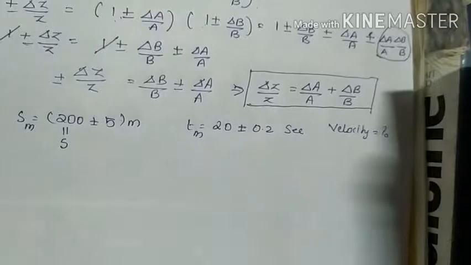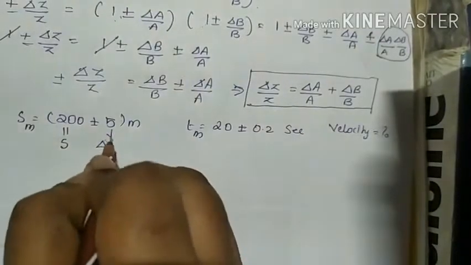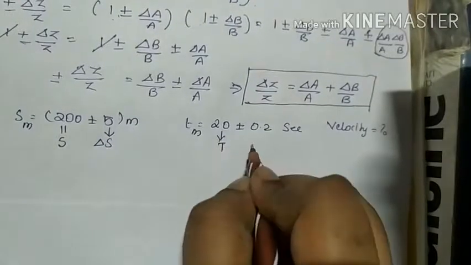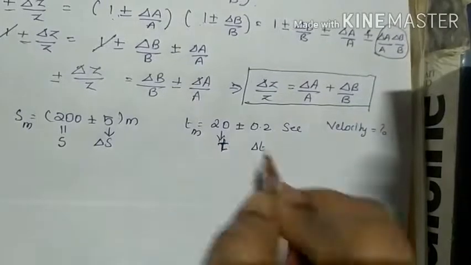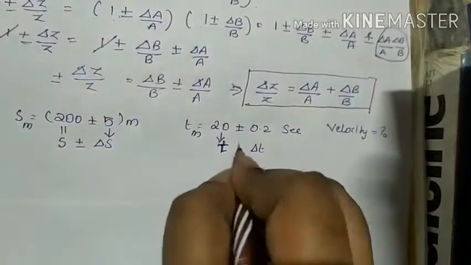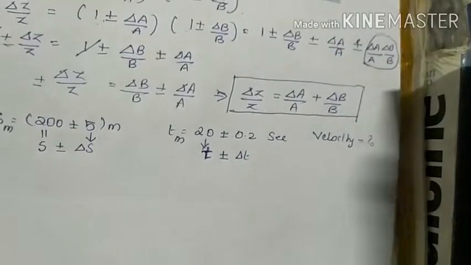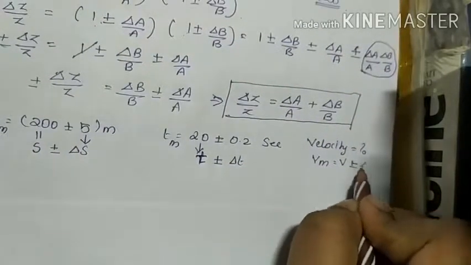I'm replacing so that we can understand it. This is your delta S, this is your T and this is your delta T. Let's make it a small t. So this is S plus or minus delta S. This is T plus or minus delta T. You are asked Vm, that is equal to true value V plus or minus delta V.